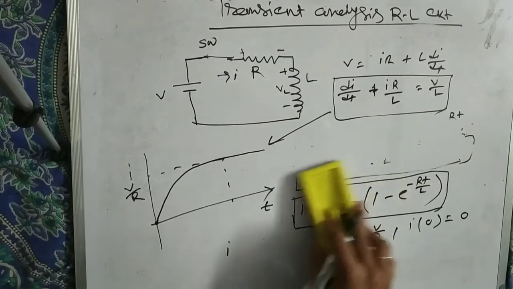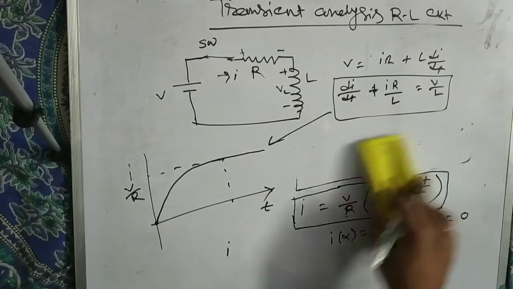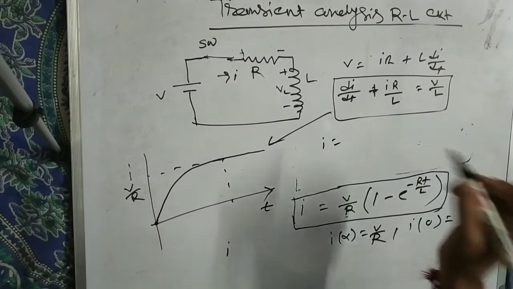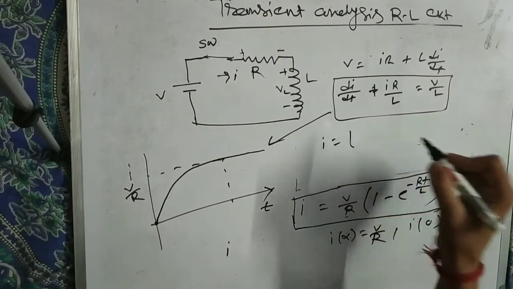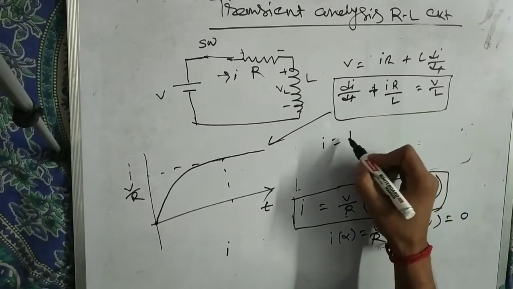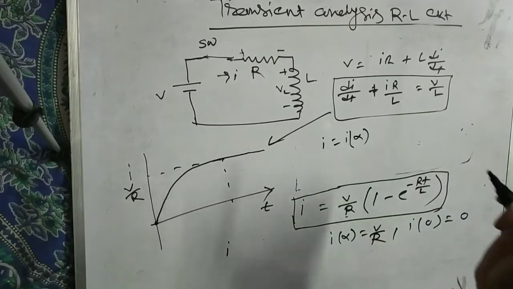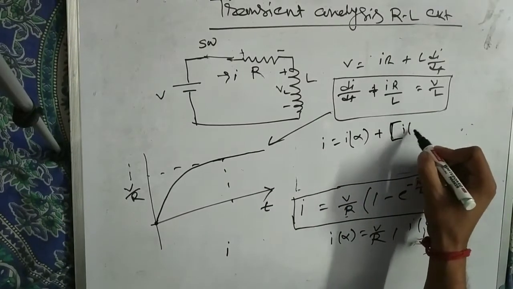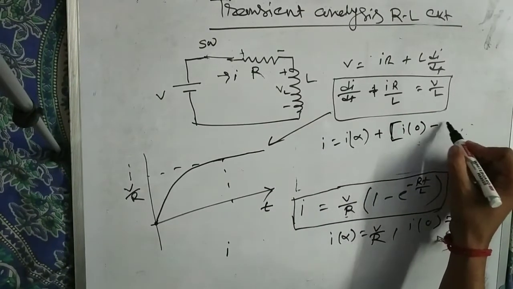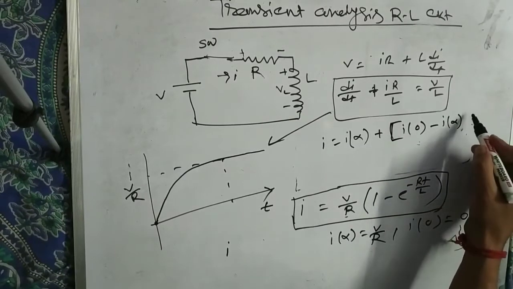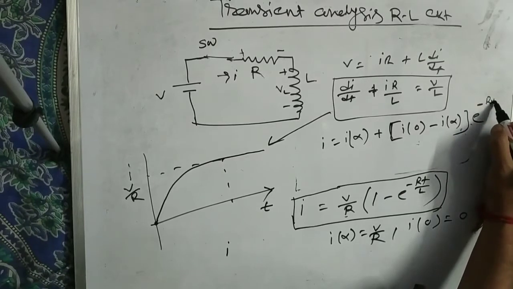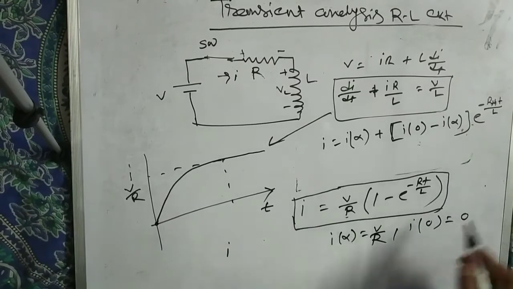If you want to write any RL circuit current equation, I equal to I infinite plus (I0 minus I infinite) into e to the power minus RTH into T by L. What is RTH?